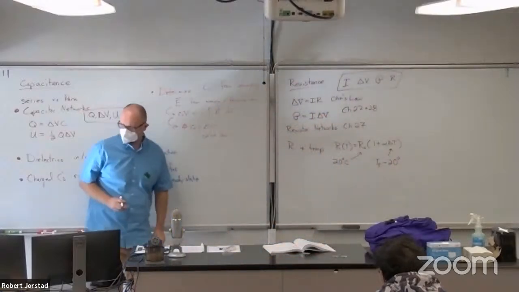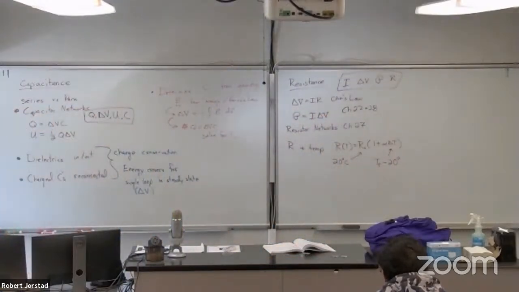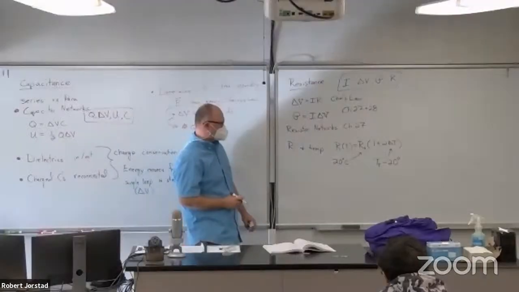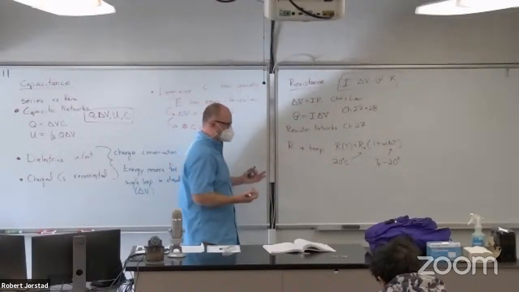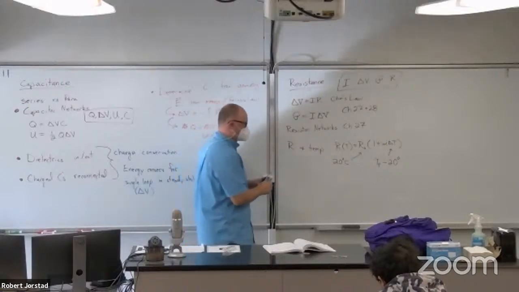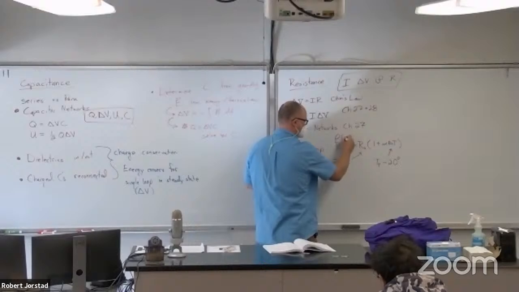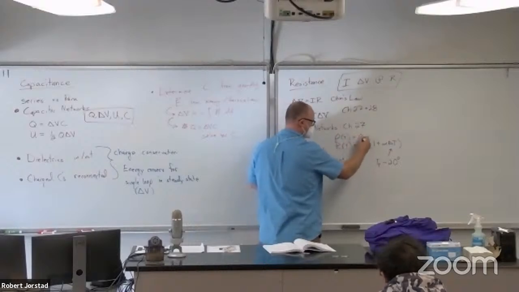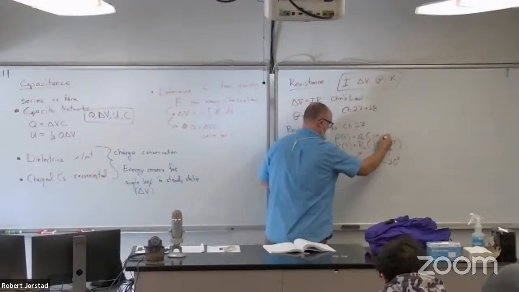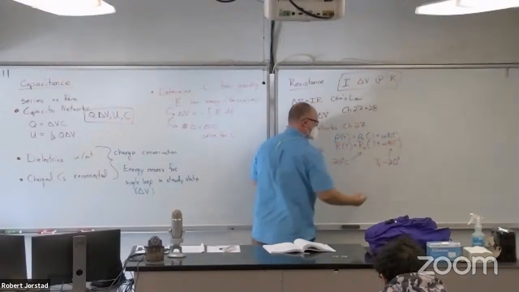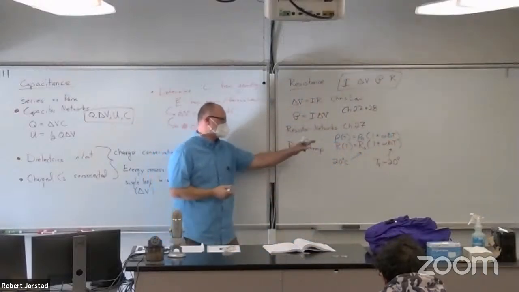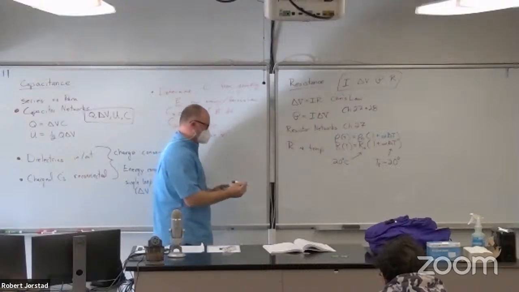Still okay on the text size on Zoom? Yeah, that color's fine. Got it. Next, I guess we also talked about resistivity as a function of temperature. Was resistivity at 20 times 1 plus alpha delta T? How did resistivity relate to resistance? Remind me.